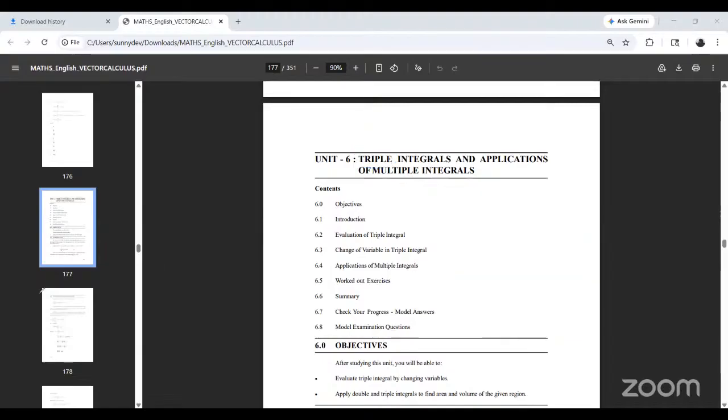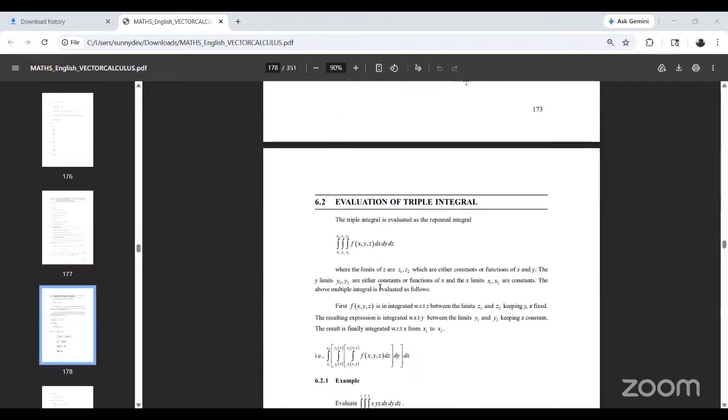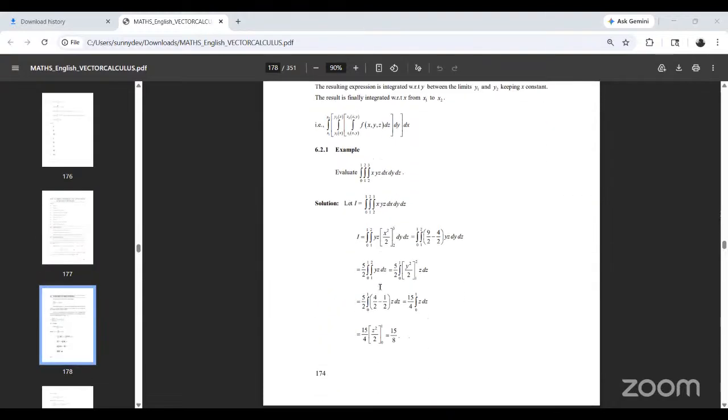Okay, now let's see one problem. Here we have to remember one thing. When you are doing the integration with respect to z, then x comma y become constant.